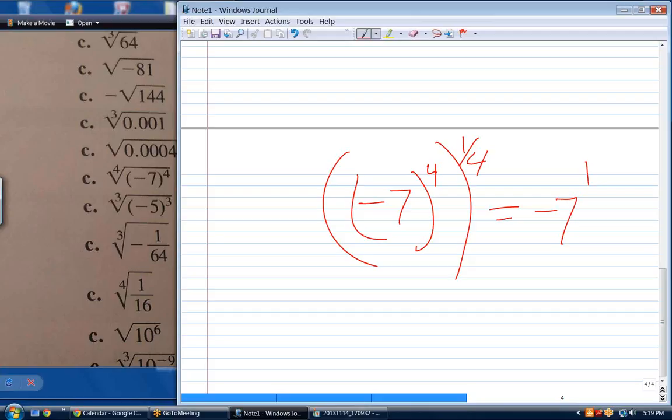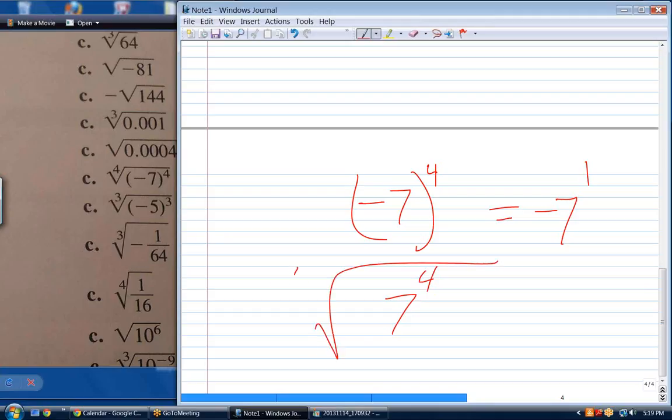But if I do it the other way, in other words, if I work from the inside out and take -7 to the 4th power first, that's the same thing as 7 to the 4th power, because it turns that negative sign into a positive. And then if you took the 4th root of 7 to the 4th, you get 7.